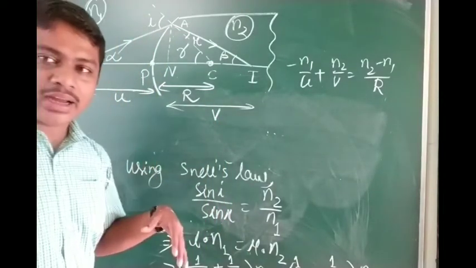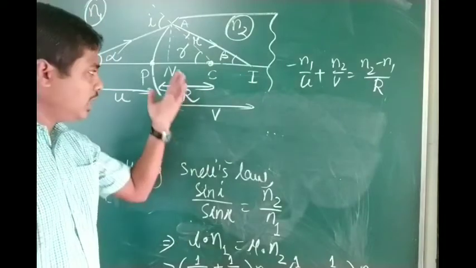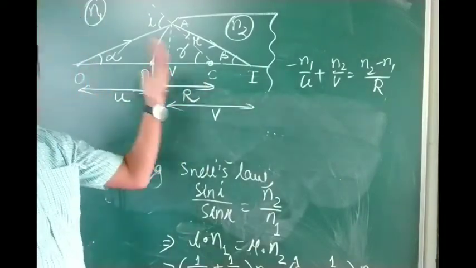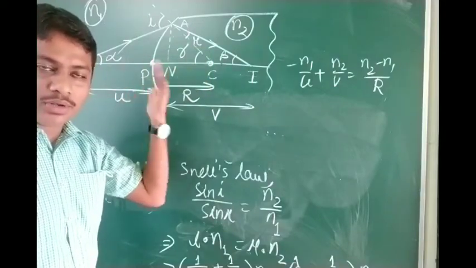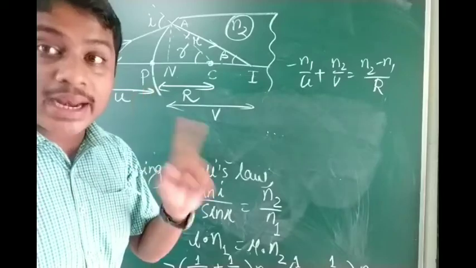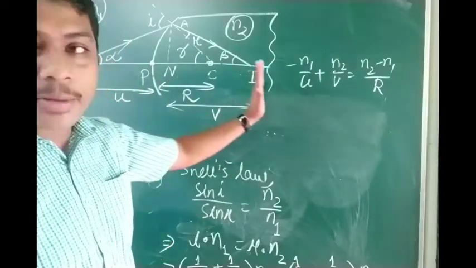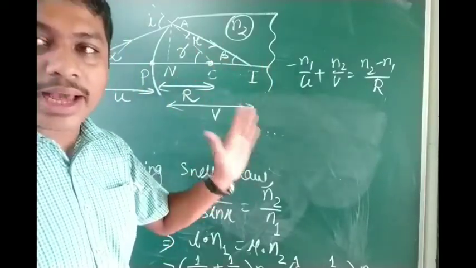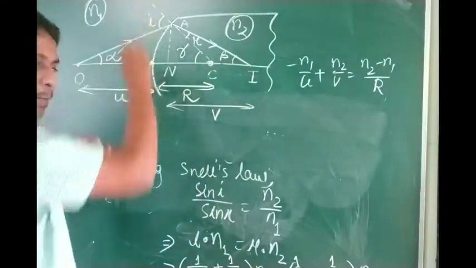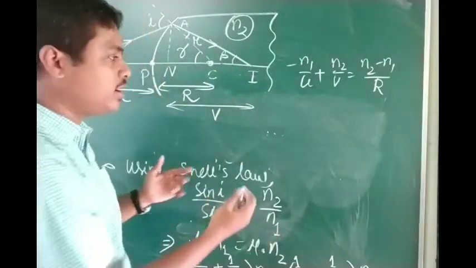According to the sign convention, as you already know, if I calculate from P, any values on the left hand side are all taken as minus. On the right hand side of P, we always take the value as plus. This side plus, this side minus, above plus, below minus. That was our sign convention.